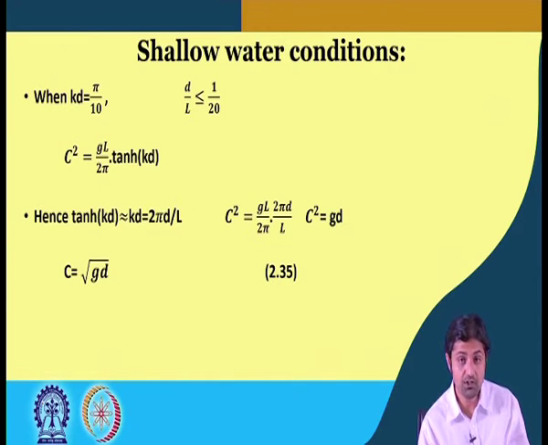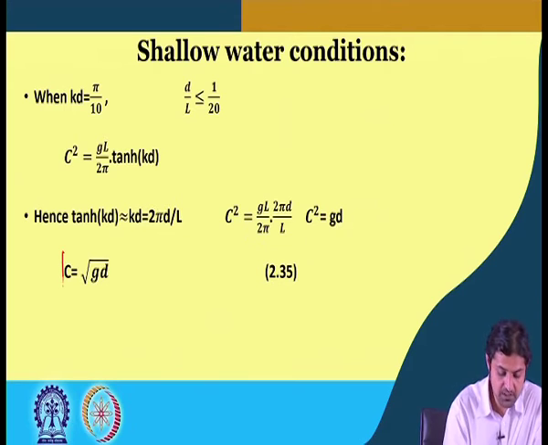So, in shallow waters, the wave speed will depend on nothing but only the water depth. In deep water, it was not dependent on the water depth, but in shallow water, the only thing on which the wave speed depends is the water depth.